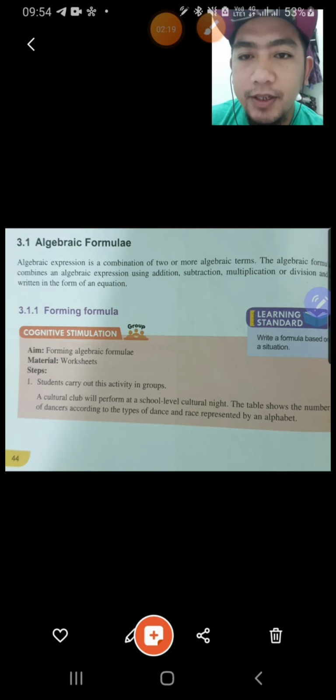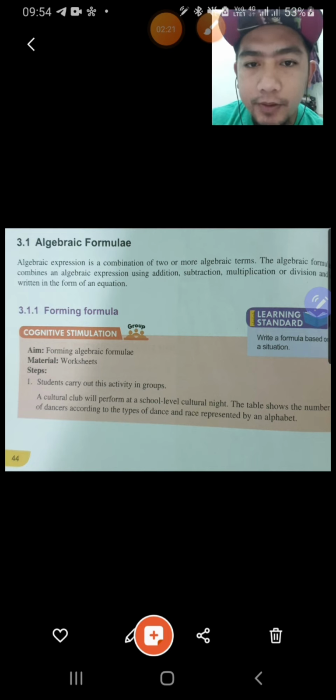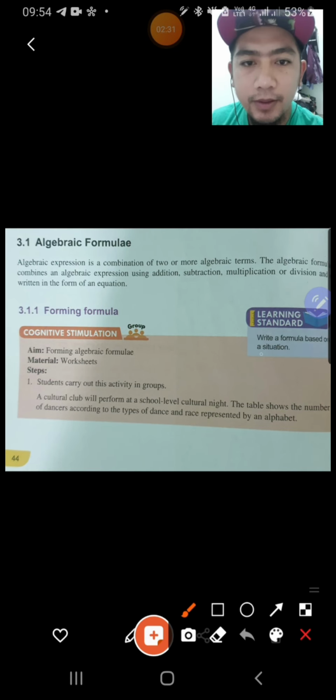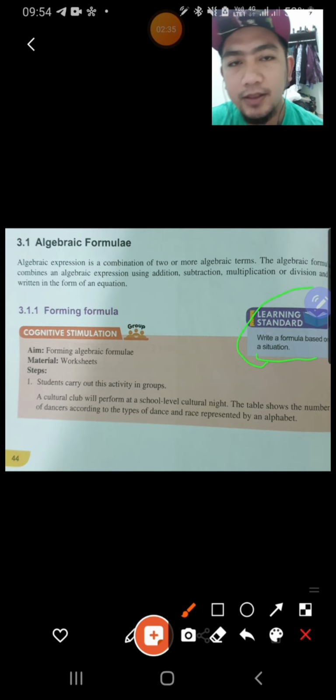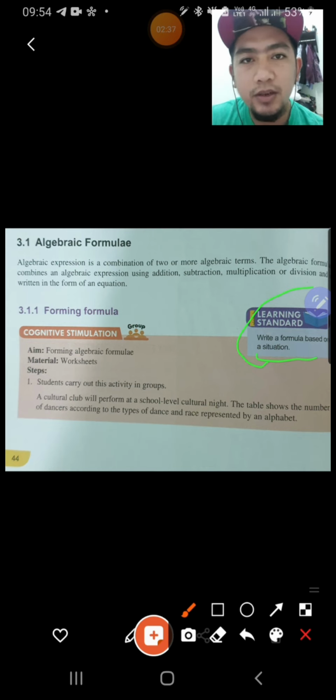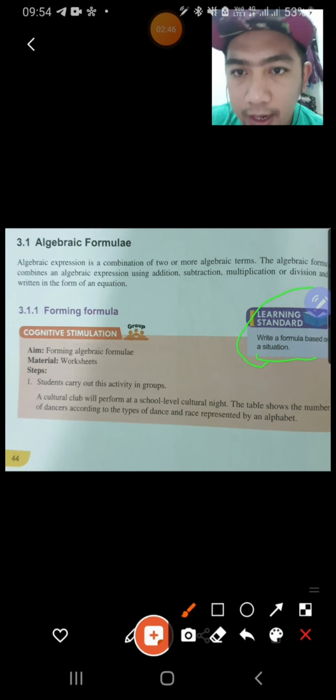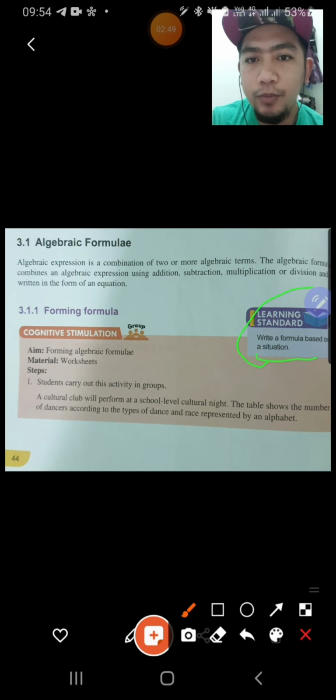The first subtopic is about algebraic formula. In this subtopic you will learn about how to write a formula based on a situation. Here, the learning standard is write a formula based on a situation. It means the question will give you a situation, and then you need to create a formula. So algebraic expression is a combination of 2 or more algebraic terms.